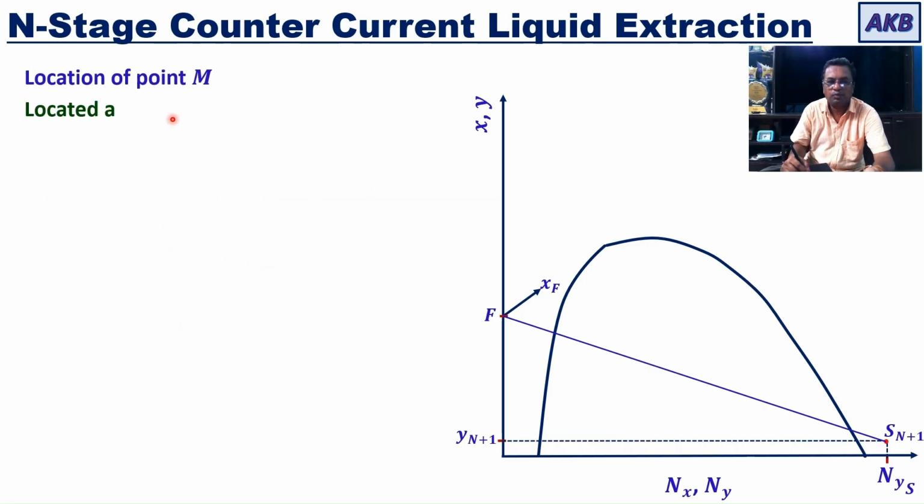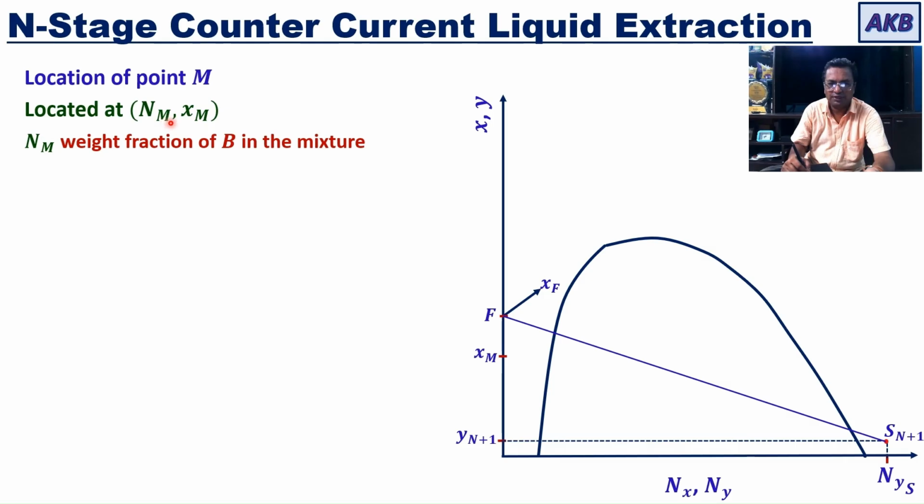Now let us locate point M. Point M will be located with coordinates Nm and Xm. In this case, Nm is weight fraction of B in the mixture that will be formed in the cascade, and Xm is weight fraction of C in the mixture.